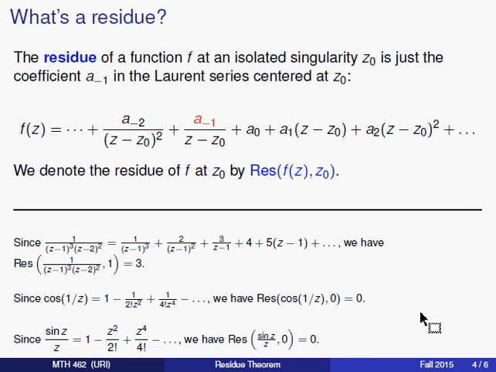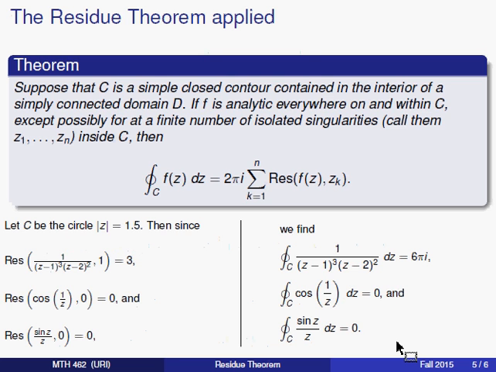All right, now what can we do with these residues? Well, the residue theorem says, remember, that if you have a contour integral and you have singularities enclosed in your contour C, then the value of the integral along that contour will just be 2 pi i times the sum of the residue of the function at each of those enclosed singularities.